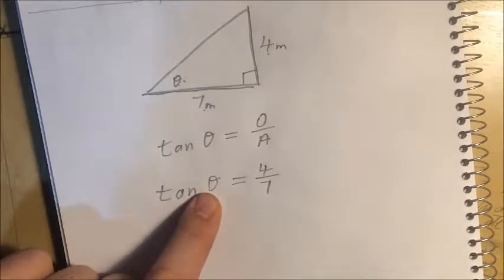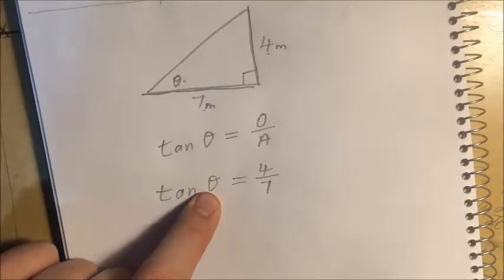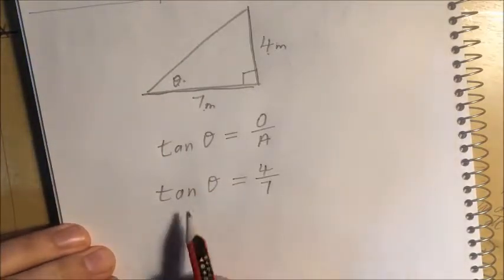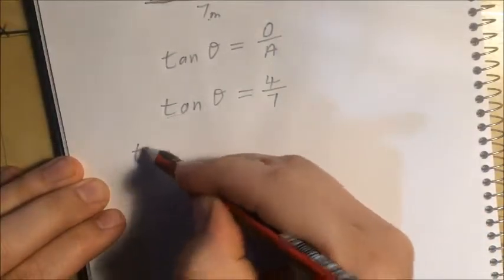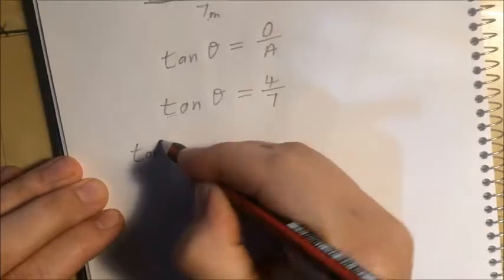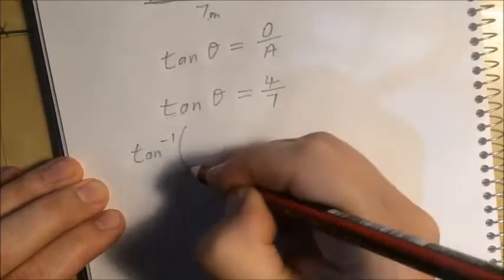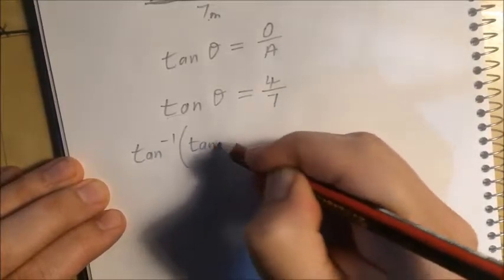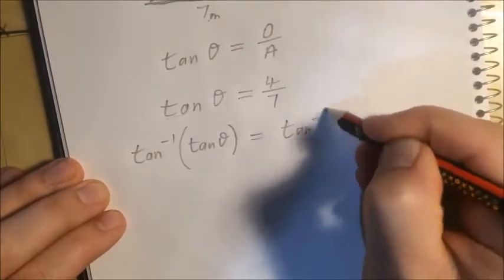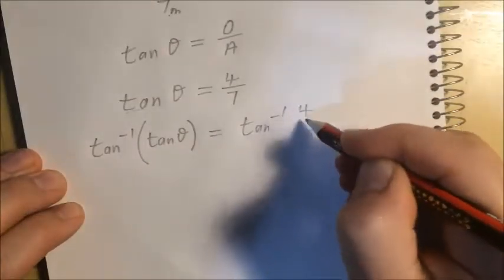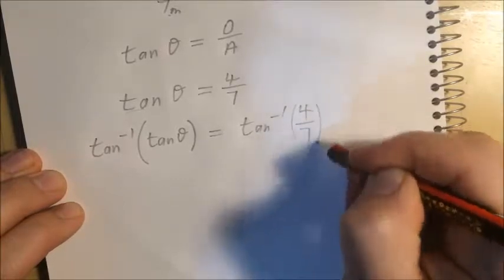But we want the angle. So what we have to do is operate on both sides with inverse tan. So we would go inverse tan of tan theta equals inverse tan of 4 on 7.